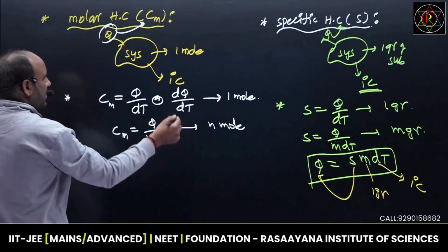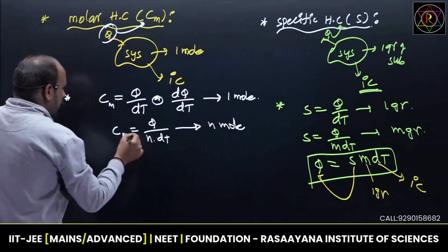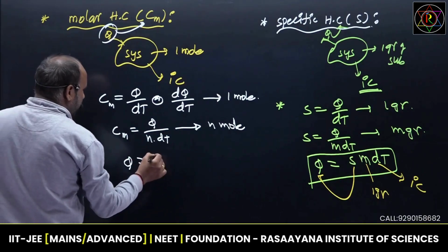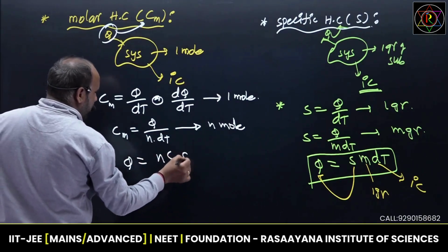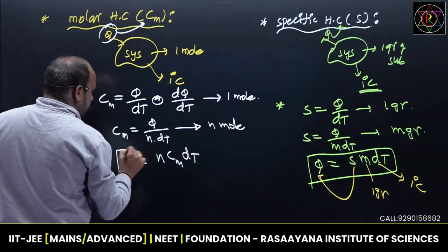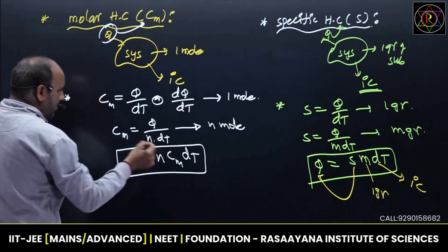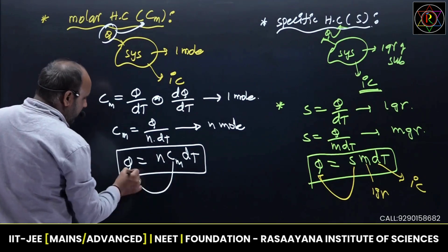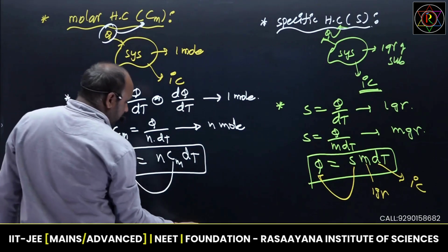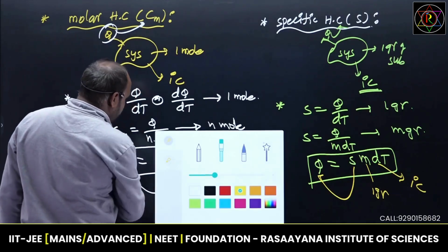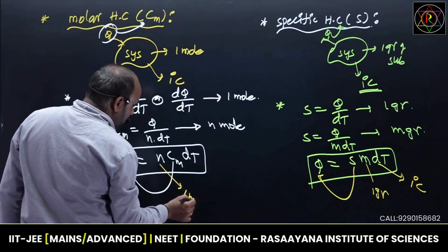So that is the equation, applicable for n moles. Therefore, Q is equal to n into Cm into dt, where n is the number of moles. Cm is equal to Q when n, the number of moles, is 1 mole.